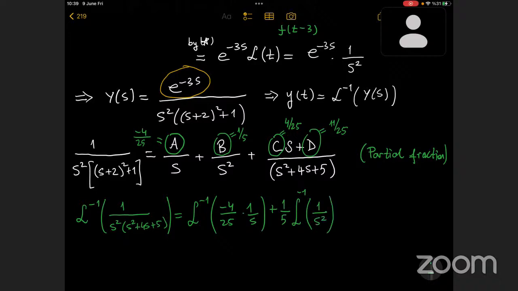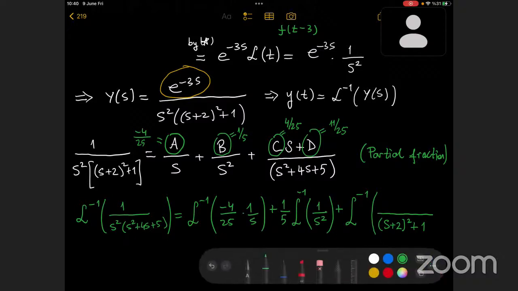Next, plus the inverse Laplace of. Now you can do this in different ways. The easiest way, I guess, you can. In the bottom here, we have s plus 2 squared plus 1. Here above we have, maybe let's take the constant out with this.